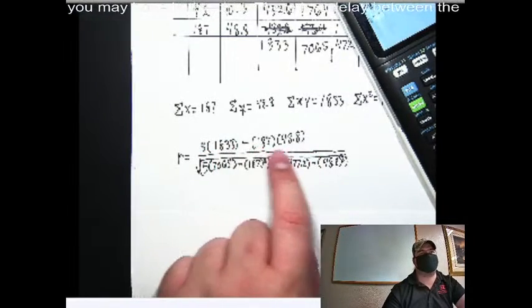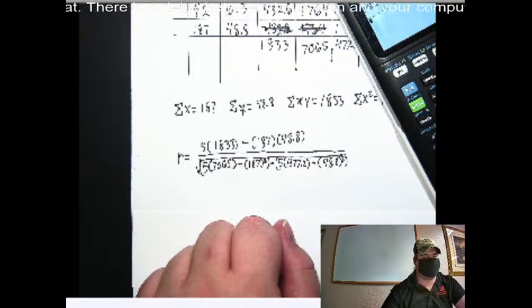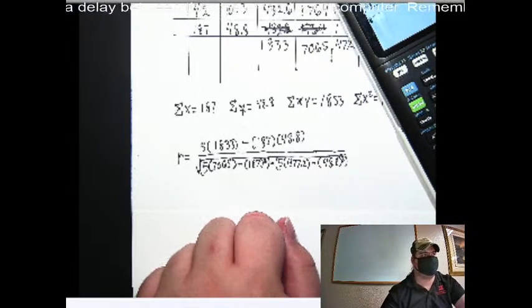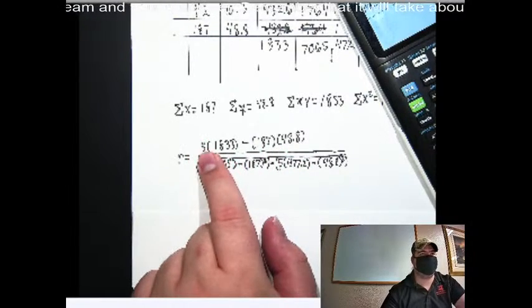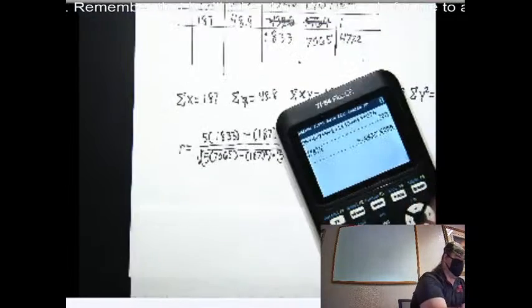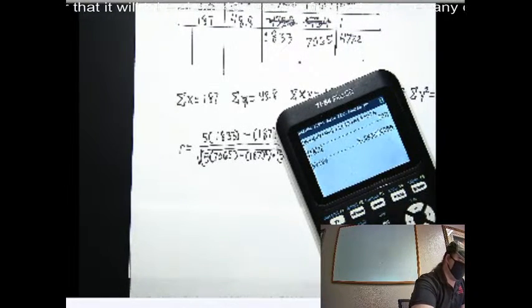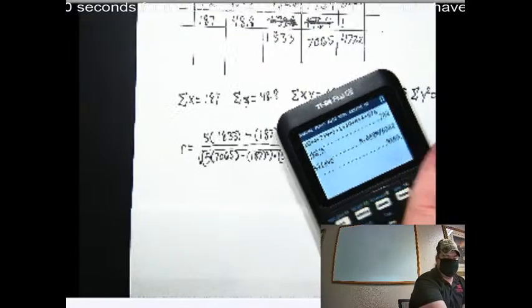So we don't have any squares or anything like that. Okay, so no parentheses, no exponents. Next is multiply. Do we have anywhere that we can multiply? Yeah. So 5 times 1833. So 5 times 1833 is 9,165.